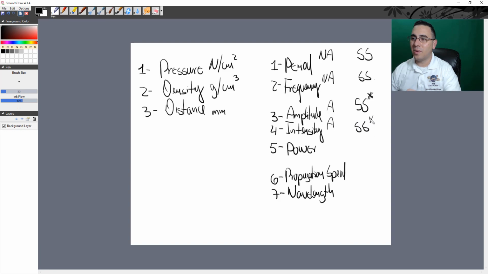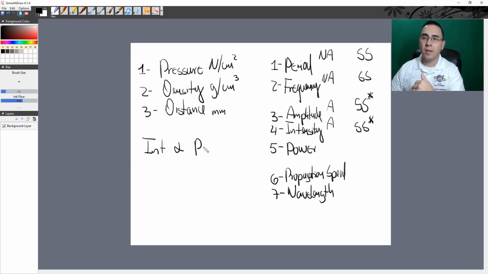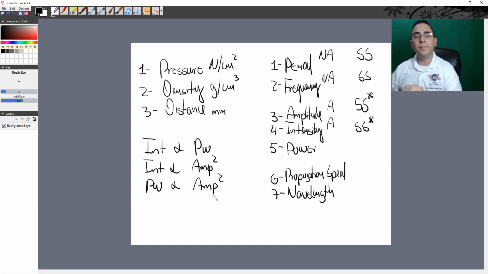All right, look at this one more time. Remember something. Intensity is directly related to the power. Intensity is directly related to the amplitude squared, and power is directly related to amplitude squared too.